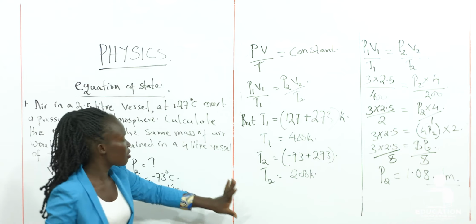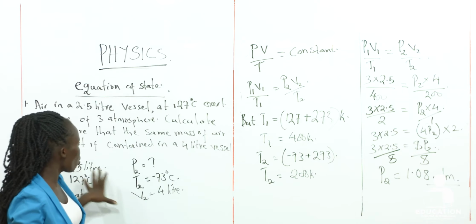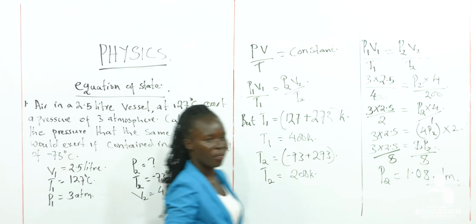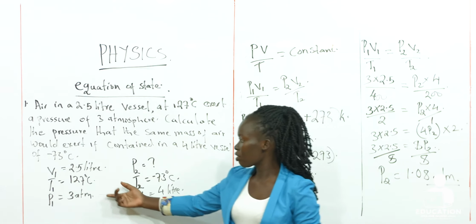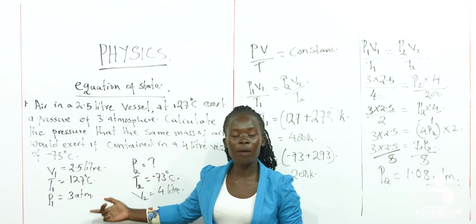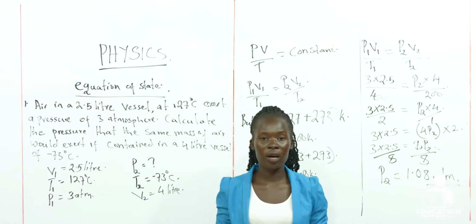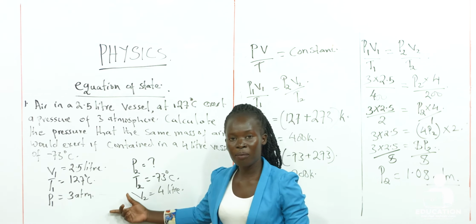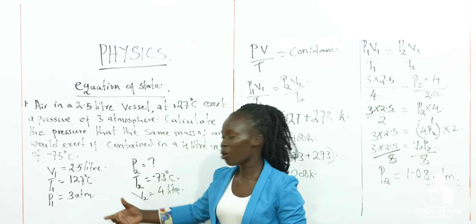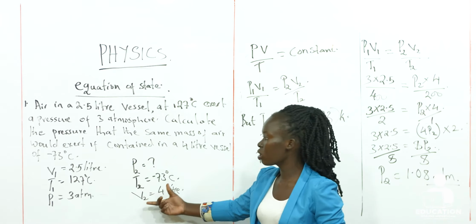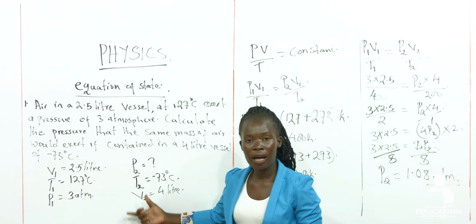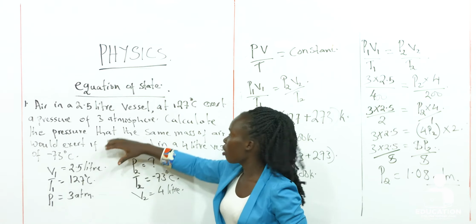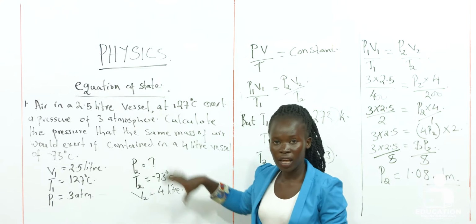So you see that when they have given you all these elements, all the properties in your question, it becomes inappropriate for you to pick one of the laws to work out such numbers. Combining all the 3 equations would give you an appropriate formula for working out such a number.